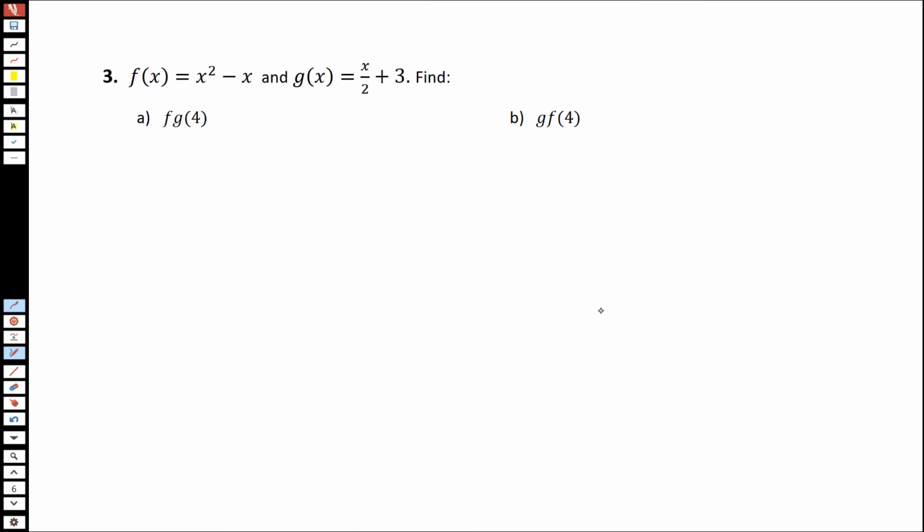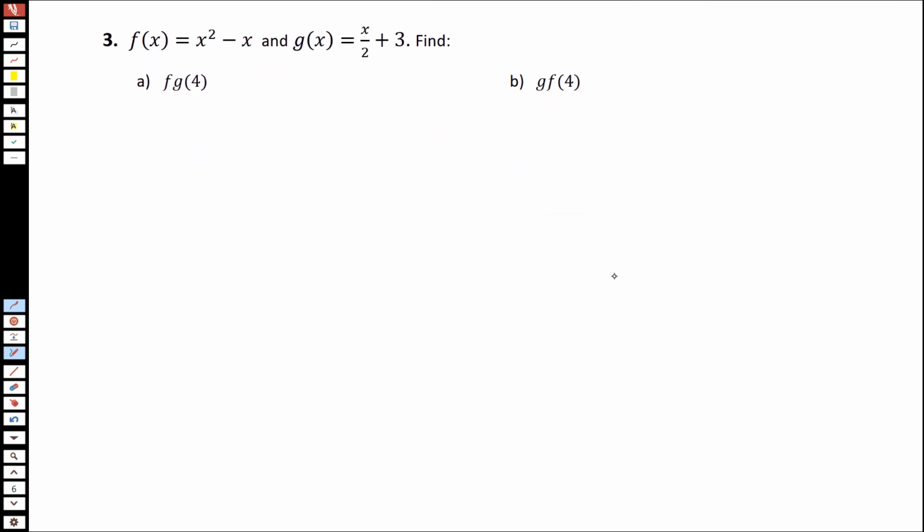Number 3, we are required to find the values of these compositions at x equals 4. Now, there's a trick that we can use here. So basically, we are required to find the value of the composition of f and g such that g is applied first at x equals 4.